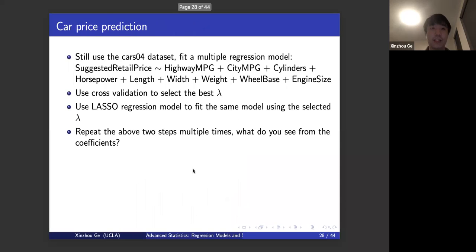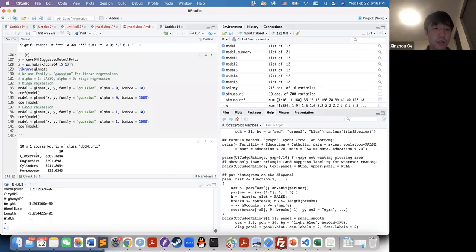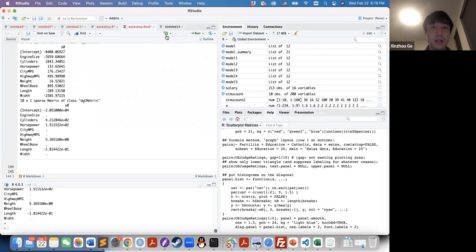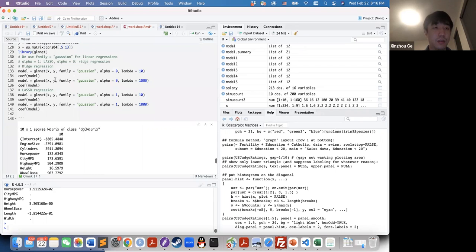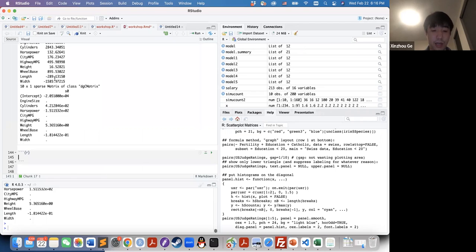And for our car price prediction problem, we can also try this idea, and I will show you how to do this. For this data set, you can use a function called cv.glmnet.